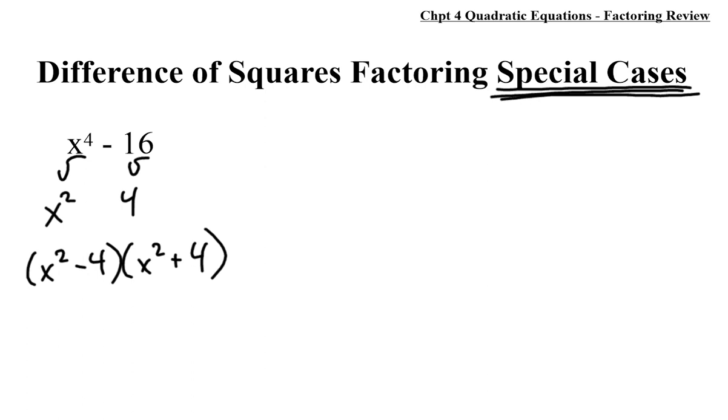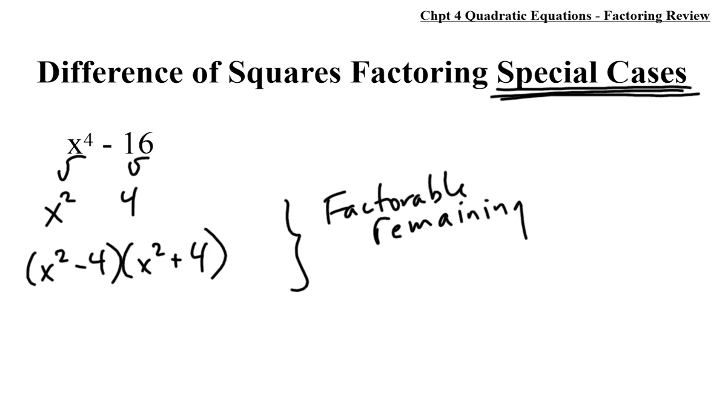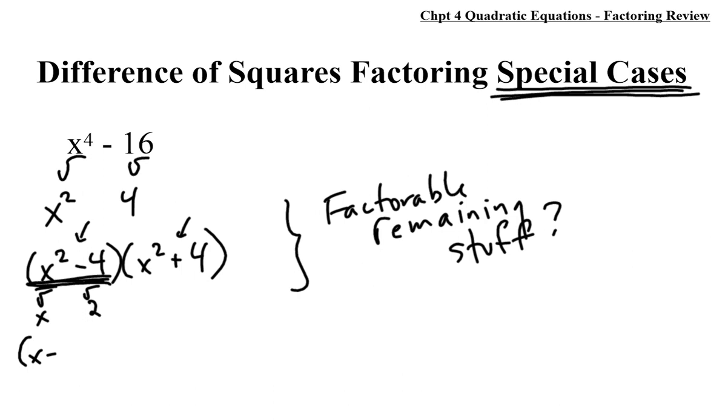Why is this a special case? It seems like it's pretty straightforward. But what you have to be careful of is factorable remaining stuff. That's what you need to check. Is there factorable remaining stuff? x squared plus 4 isn't a difference of squares because it's addition. But x squared minus 4 has two terms being subtracted, square rootable, x and a 2. So we still had a factor that could be broken down to x minus 2 times x plus 2.